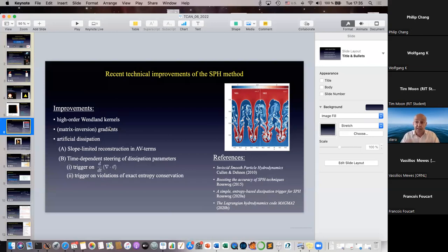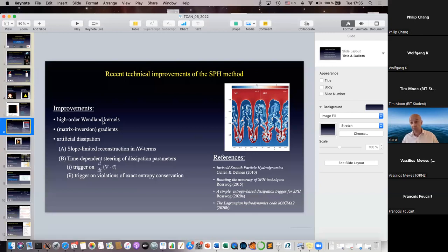And this is beautiful, but it comes at a price. If you want to use those kernels, then of course you want a regular particle distribution because that is crucial for your interpolation accuracy. But also, for these kernels, you need large numbers of neighbors. So it's not completely free of a computational price.